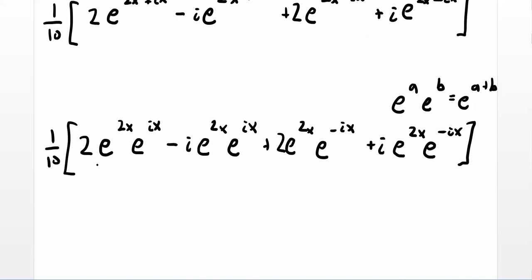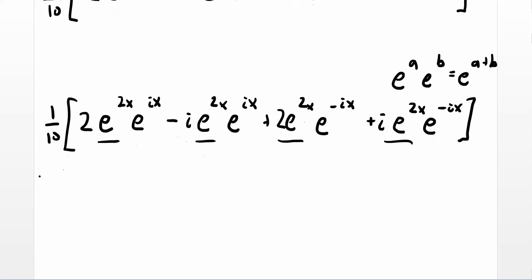So every single term has an e to the 2x in it, so we're going to factor that out. We'll get e to the 2x over 10 times, and what are we left with? 2 e to the ix.